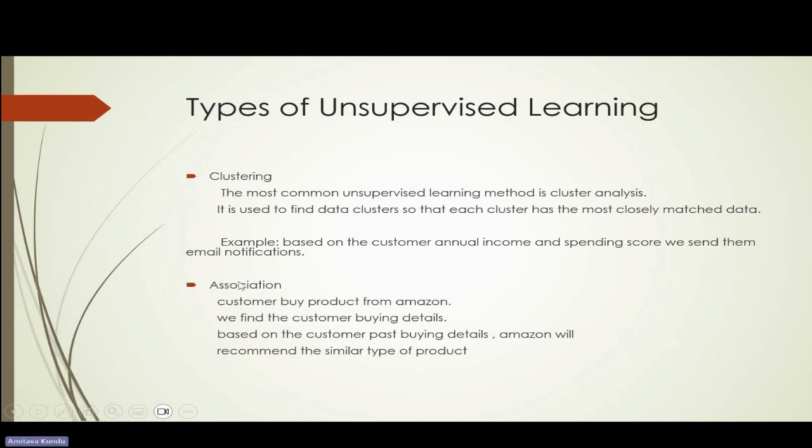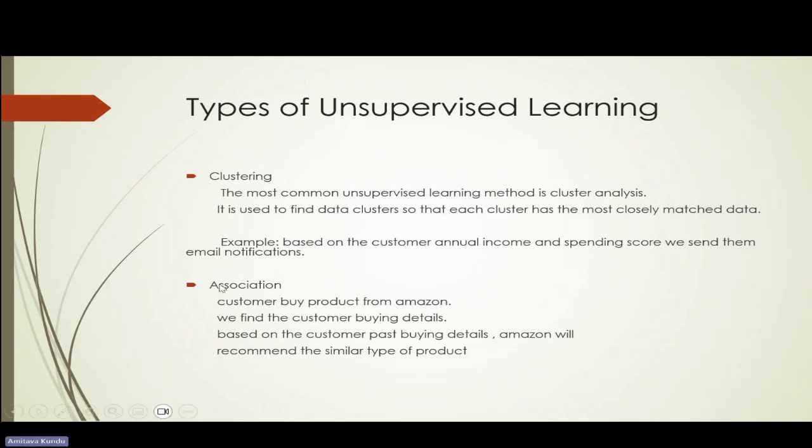What we find in association, assume like customer, assume you buy some product from Amazon regularly. So automatically Amazon have a customer set, customer details, right? Now, whenever you're going to log in Amazon.com, what they do is that based on the past buying details, Amazon will recommend the similar type of product to you.